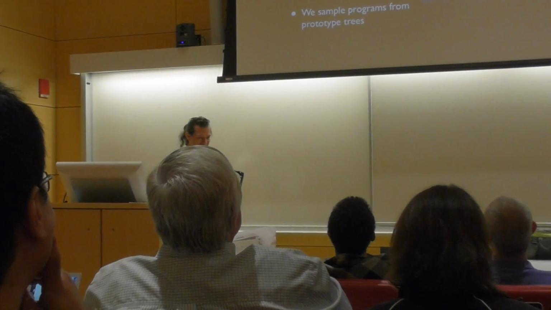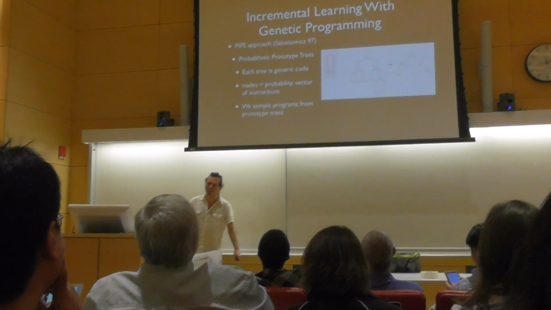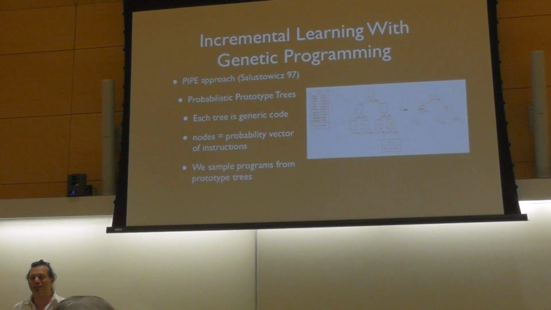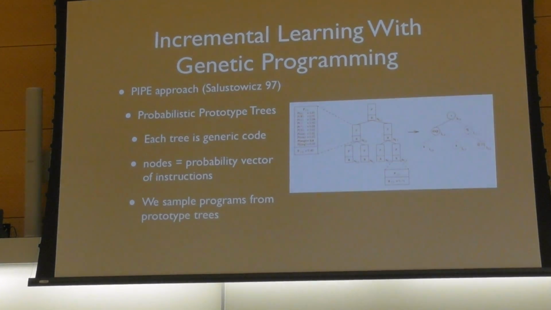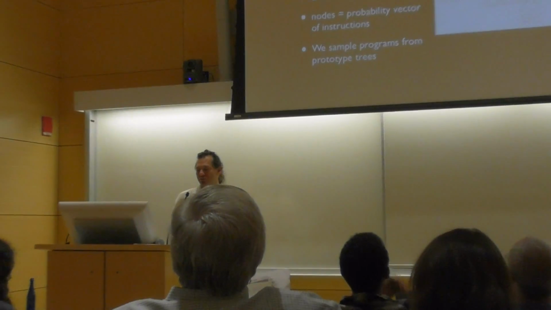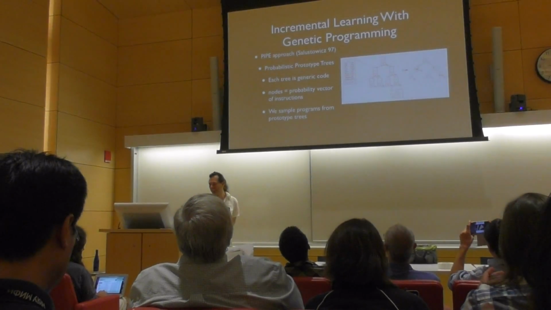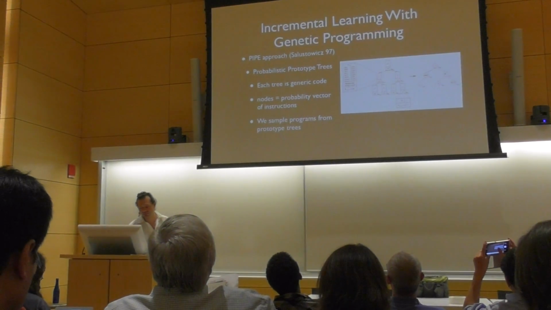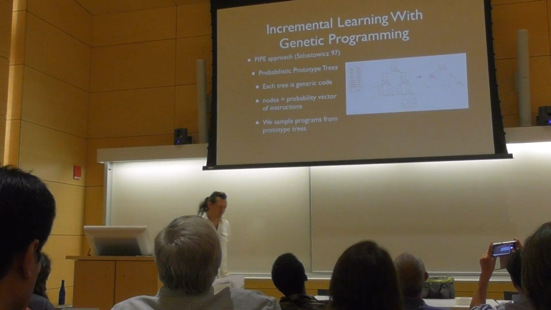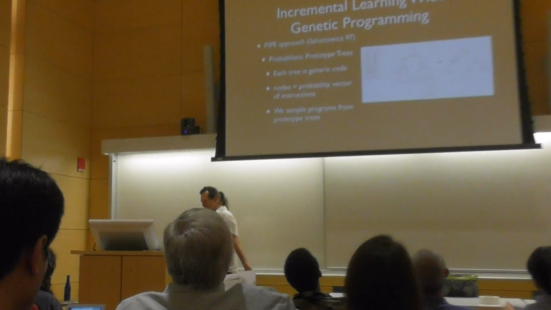Okay, so let's get to some of the more hardcore stuff, right? This is the PIPE algorithm, by Salustowicz and Schmidhuber, written in '97. It's kind of complex to explain, so I'm going to give you a high-level overview of each algorithm so you understand the idea behind it.